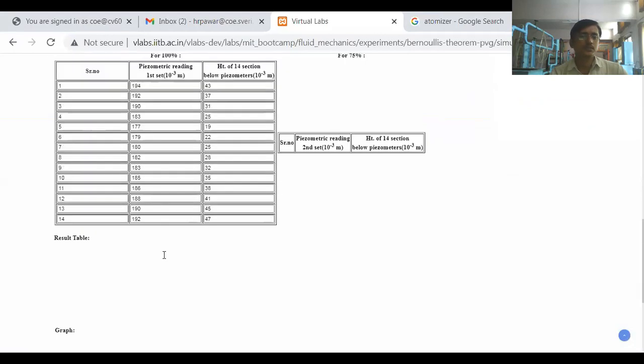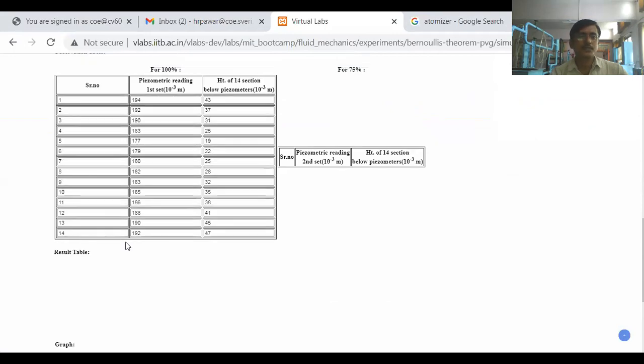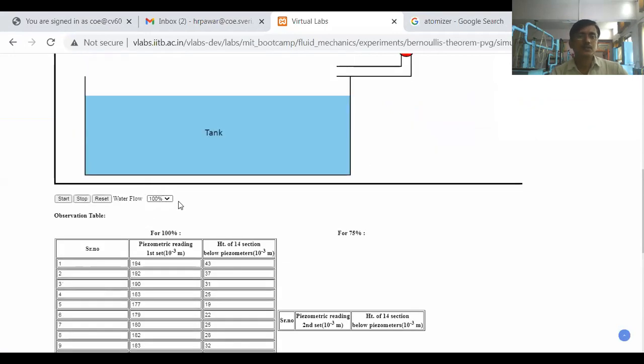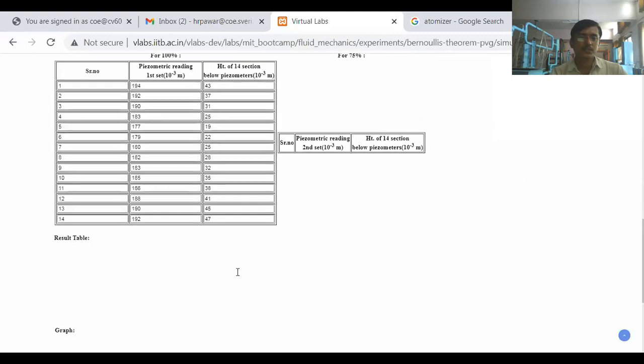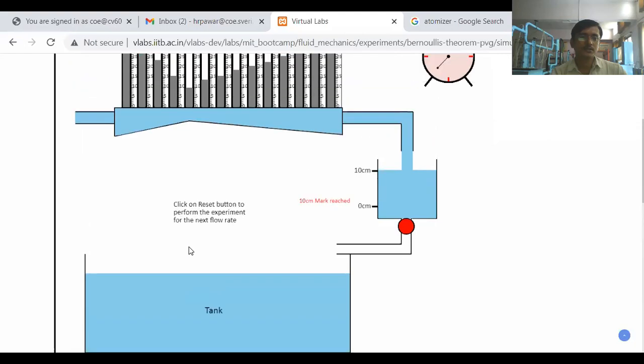So we'll take another reading. Now here this valve was completely open, it was completely closed. Now we will change the discharge. We will keep it at 75%, and we will check the reading.